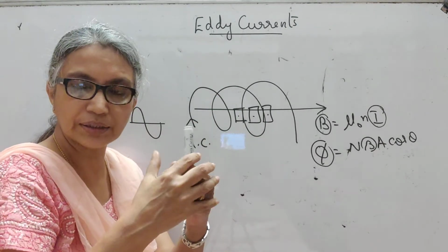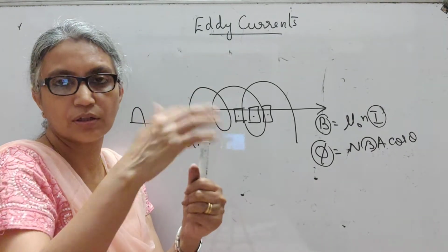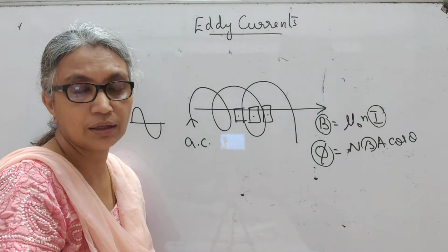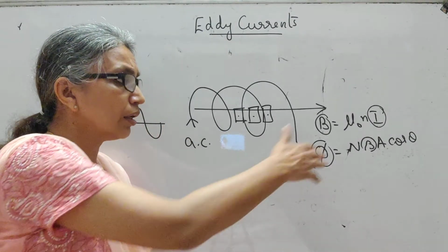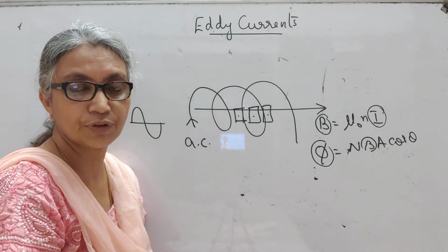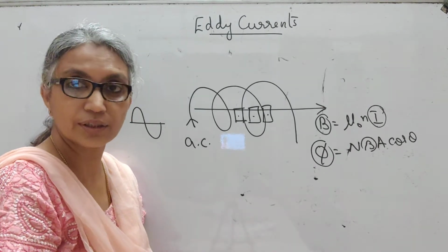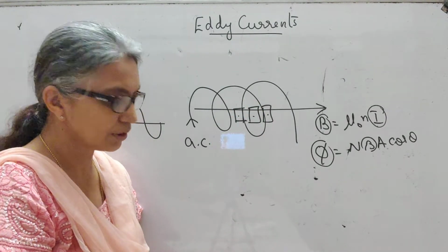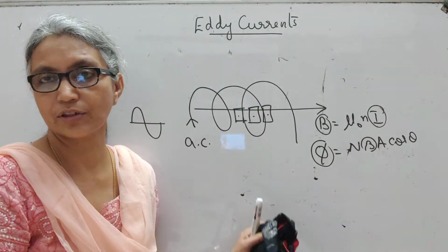So you surround the metals that you need to melt with coils, and you pass a high frequency AC current through this coil. Because of the high frequency, the current keeps changing fast, and the rate of change of flux is also high, because of which a large induced current is set up in the metals, which will melt the metals. So this is another advantage that has been listed in your textbook.